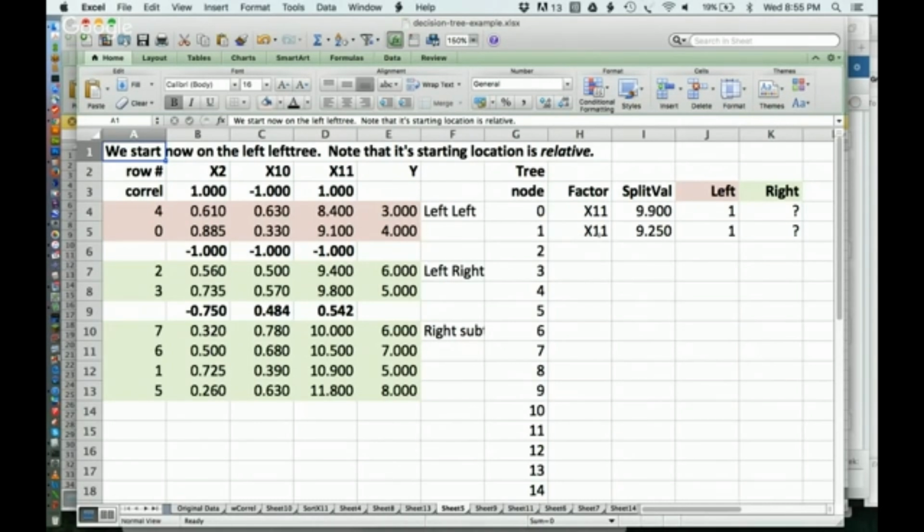We're going to split the data on factor 11 again, and we're going to use 9.25. Now, something to observe here is when you get down to the point where you've only got two data elements, it's very likely that you're going to see correlations of 1 and -1 for each factor.